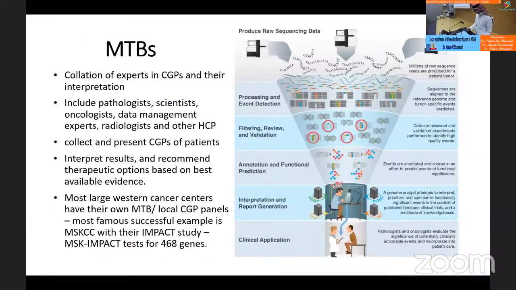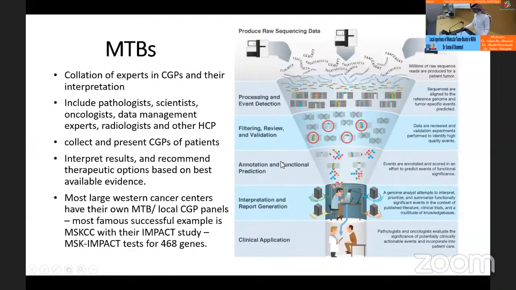Now I chose this funnel-shaped graph here. When you have your sequence data, this is processed in an automated fashion, and then you get event detection. This is followed by filtering, reviewing, and validating these results. Then you get functional prediction.